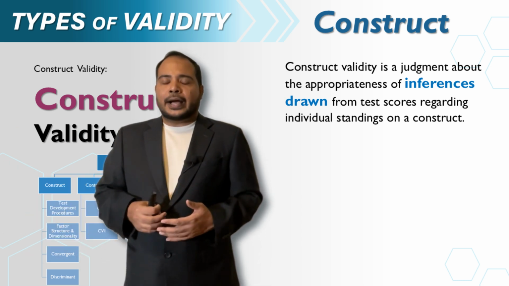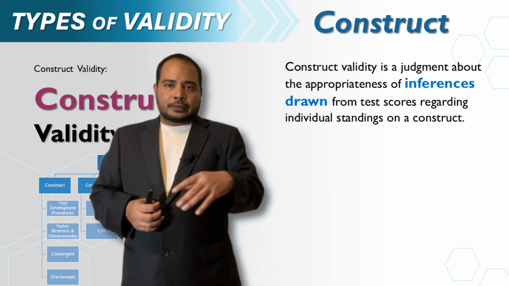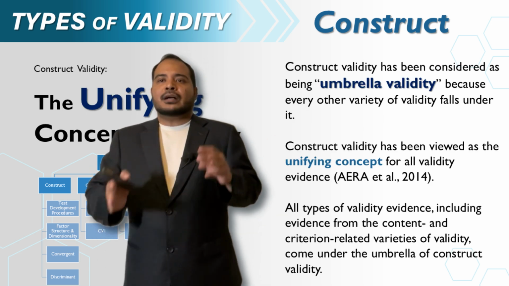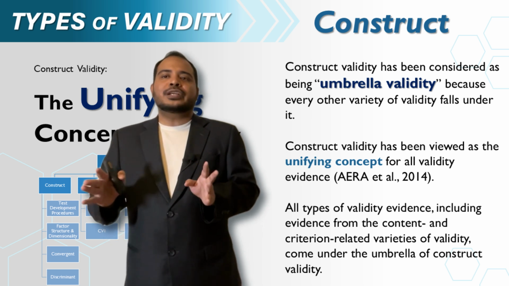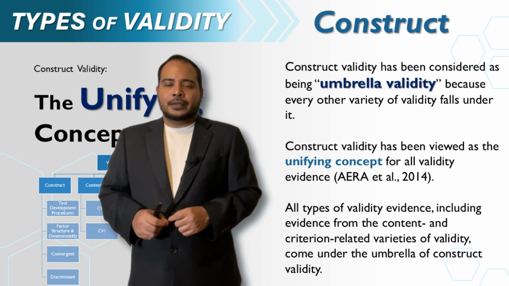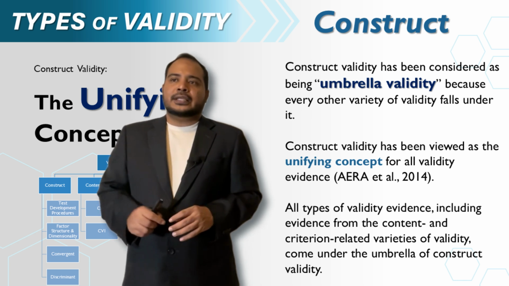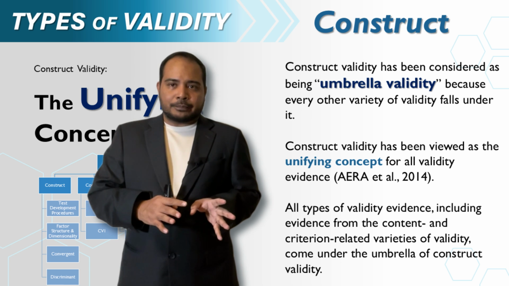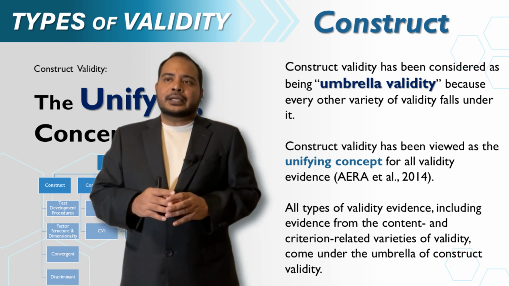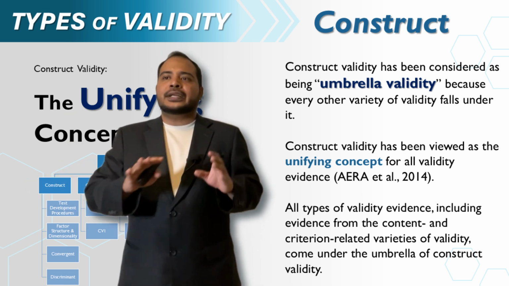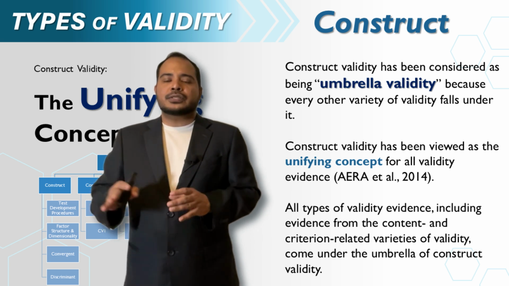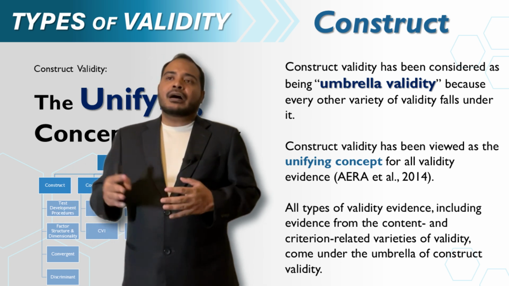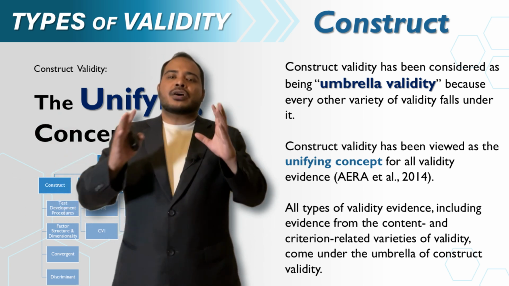Some researchers, for example Cohen et al. 2022, consider construct validity the unifying concept of validity. For them, construct validity is the umbrella validity that covers every other variety of validity. Content validity and criterion validity all are measuring construct validity.